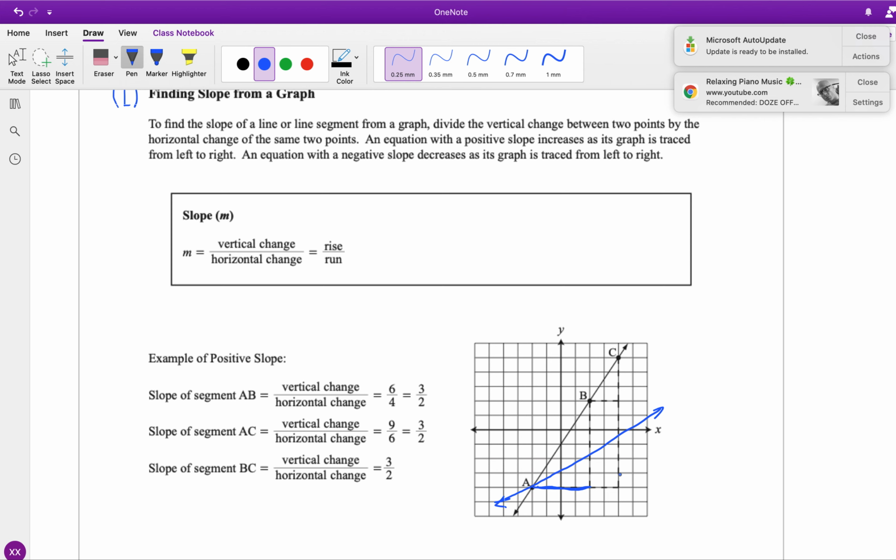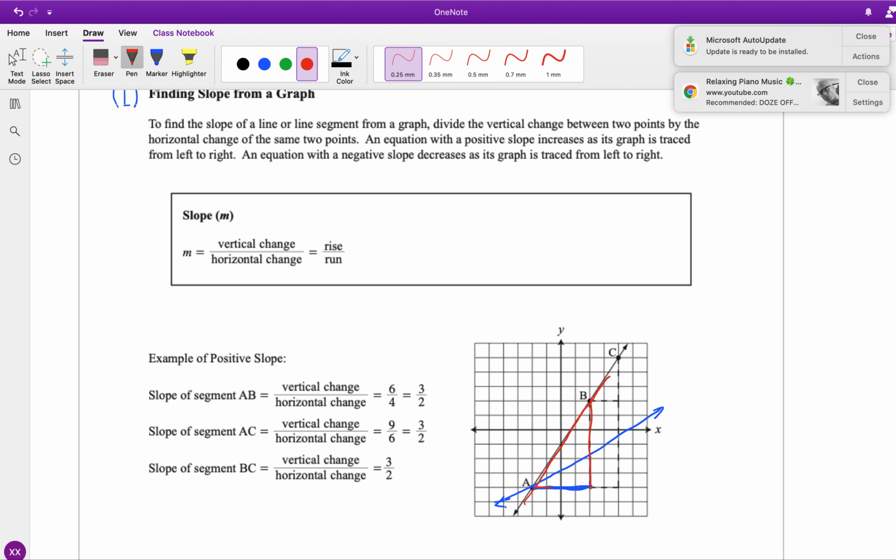Now take a look at the same length of run, and compare the height here versus, if I use another color, the height for the other line. The other line is this red line here.